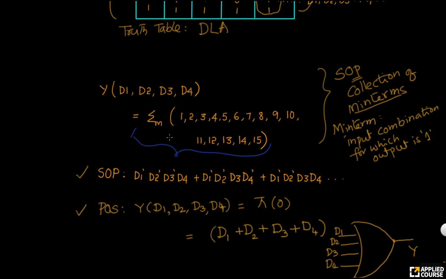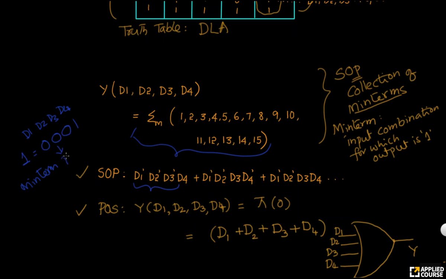See, 1 is there. The binary pattern for 1 is 0001, for D1, D2, D3, D4. Now when I'm expressing it as a min term, it should be written as the product of input variables such that the product is 1.